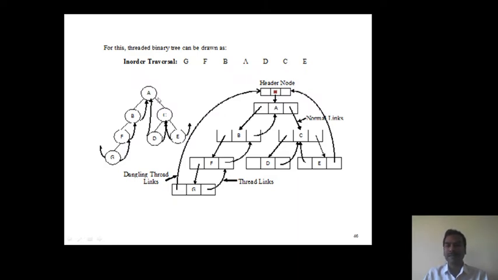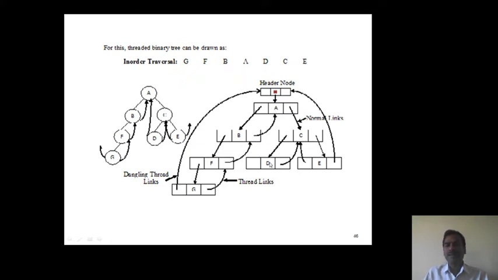So here the address of the starting node is A. Now from A, the left child is B and the right child is C. For A, the left child is B. For B, the left child is F. Here the right child is a null pointer. So in in-order traversal, for B, the next node is A. Hence this link points to node A.